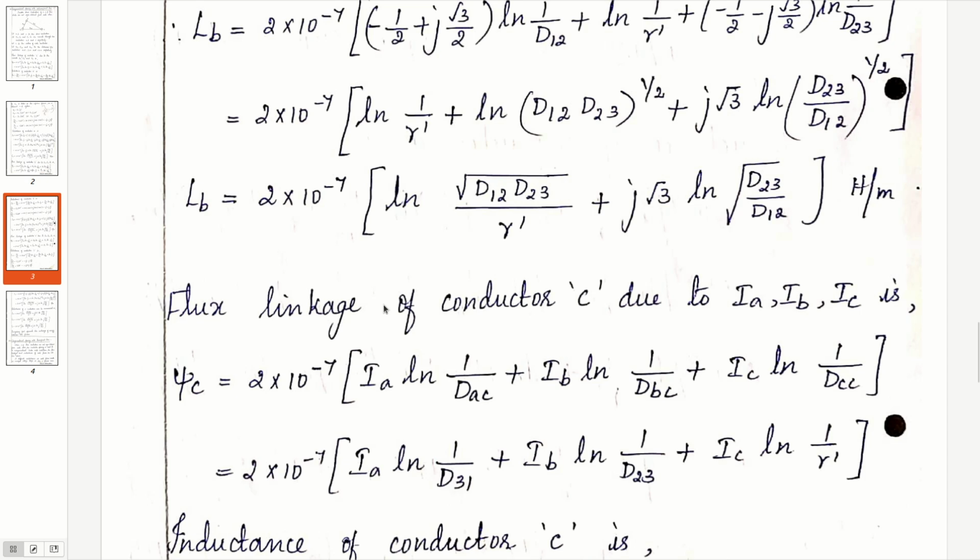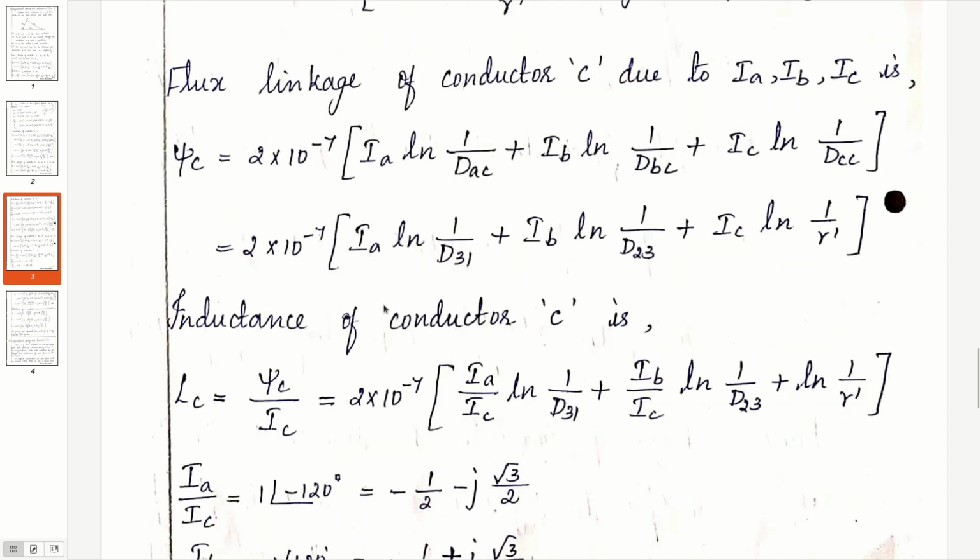When you substitute the values of the distances, radius and everything, you will get different values for LA and LB. In the same way, we are going to derive for LC, flux linkage of conductor C due to the 3 currents. Psi C is equal to, again we have 3 terms. So first term P is equal to A, second term P is equal to B, third term P is equal to C. Okay, so in the first term P is replaced by A, IA ln 1 by DAC plus IB ln 1 by DBC plus IC ln 1 by DCC.